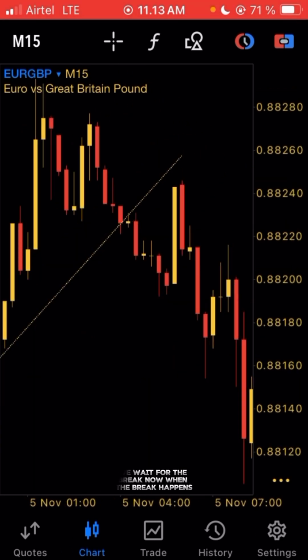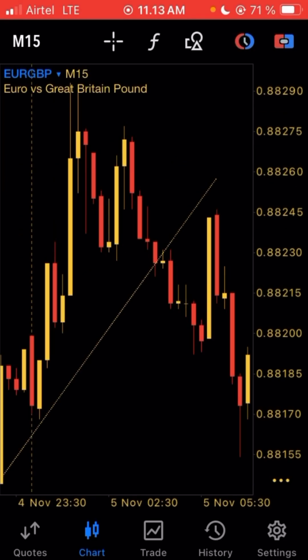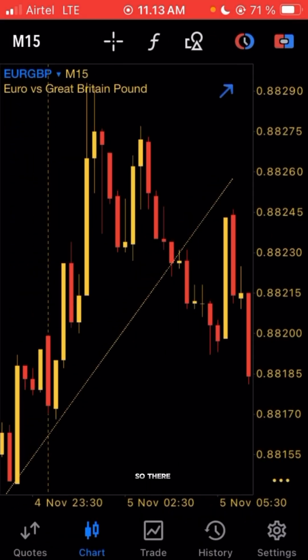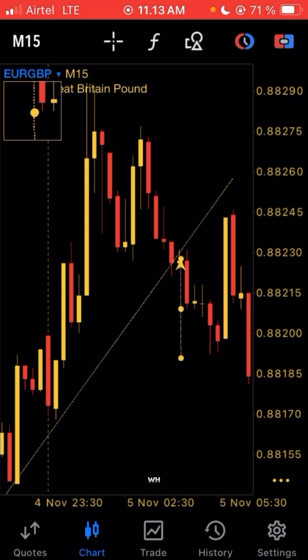Now when the break happens, we then look for the two strategies I listed earlier, which is the break or the loss of momentum, the momentum shift, right? So in this case, we took a break. So there was a break here, good, which is step number one.